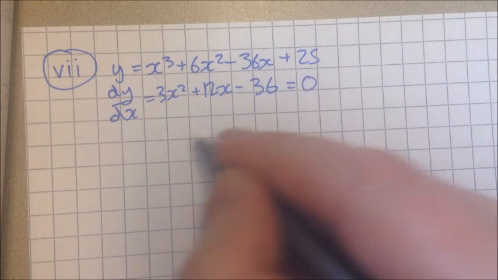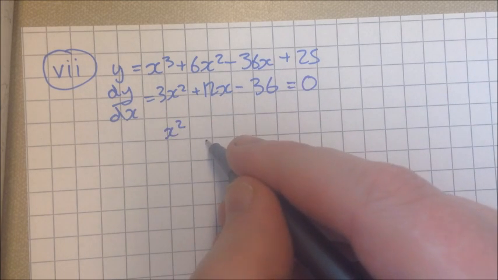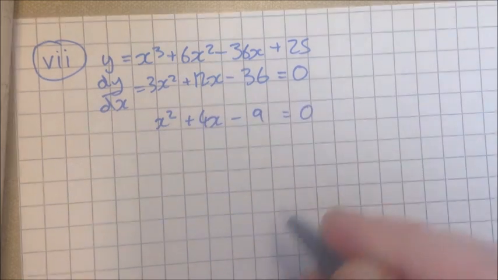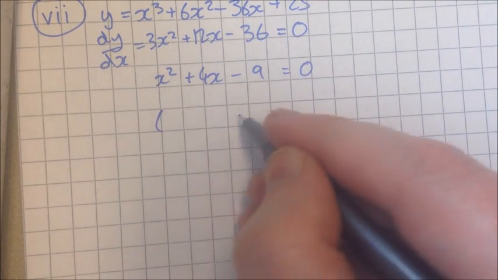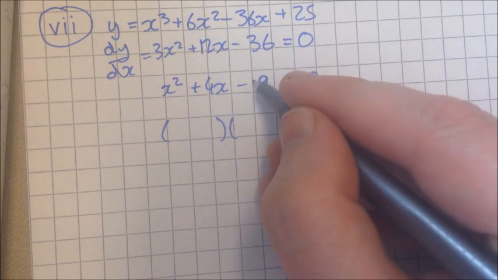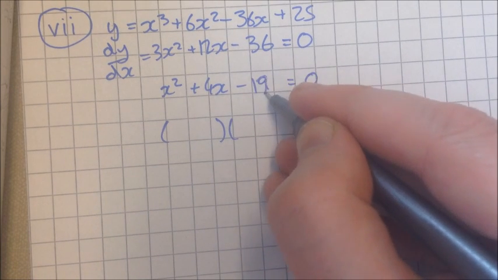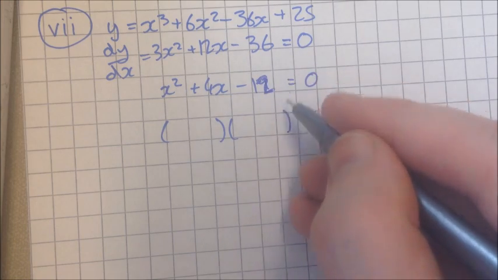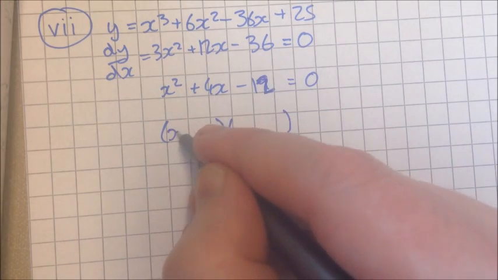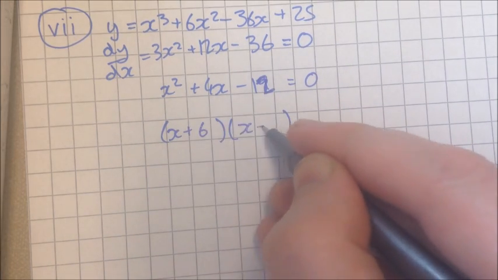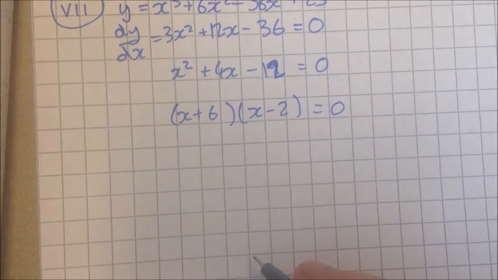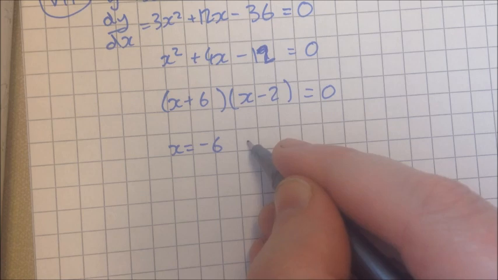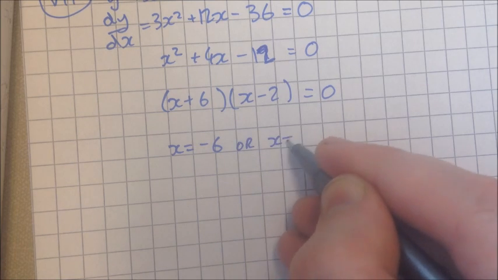Set that equal to 0, divide everything by 3. Factorise. Didn't divide that by 3 very well, did I? So it's going to be plus 6, and that's that factorised. So your two solutions are x equals -6 or x equals 2.